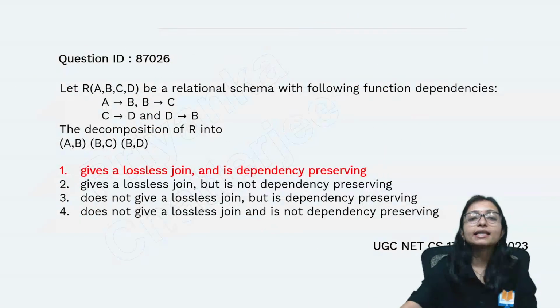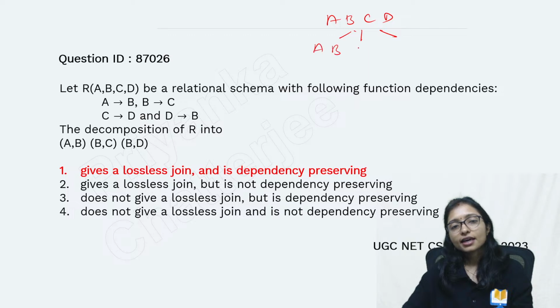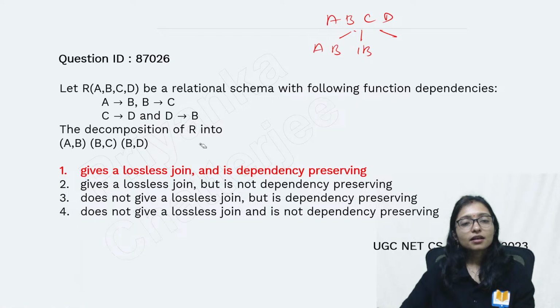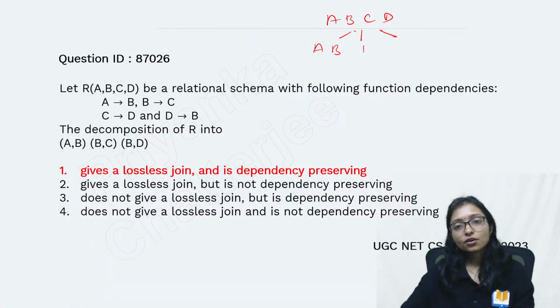And that's why in this question, as you can see, what is happening here? This A, B, C, D, you have divided like this: A, B, then after that you are getting B, C, then after that you are getting B, D, right?